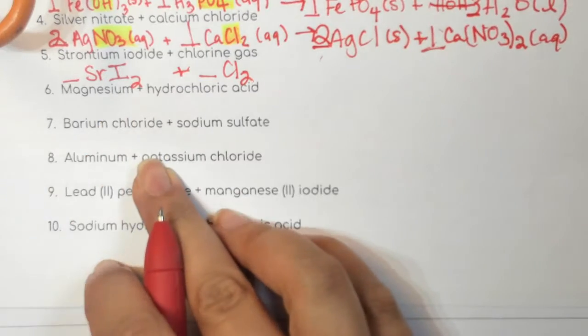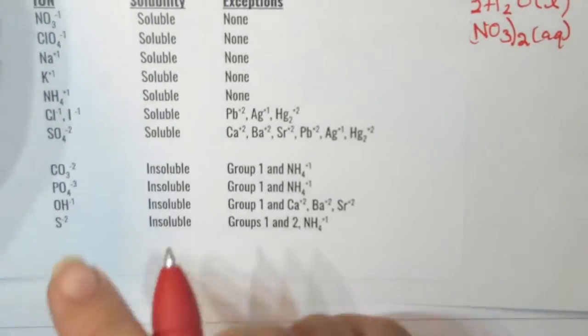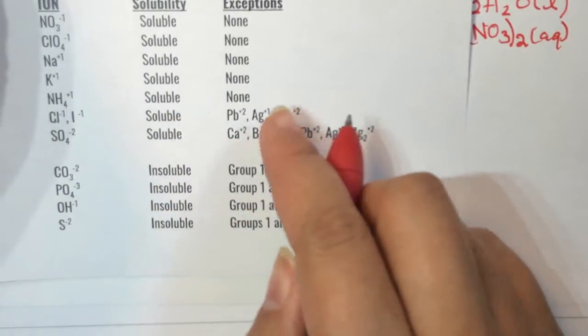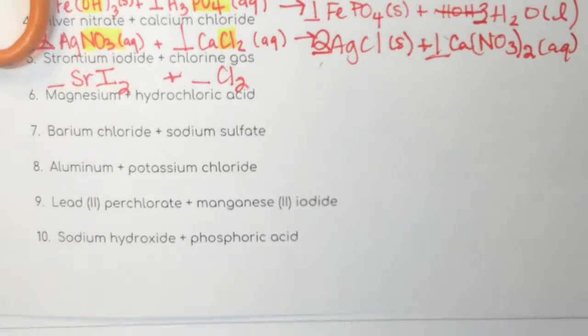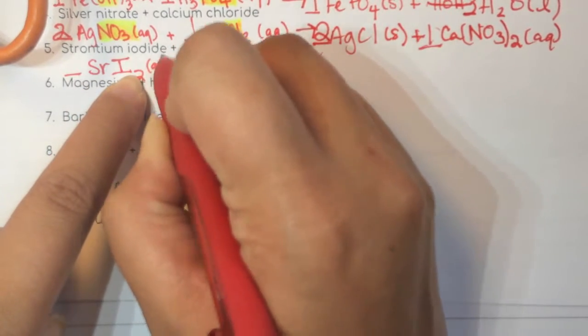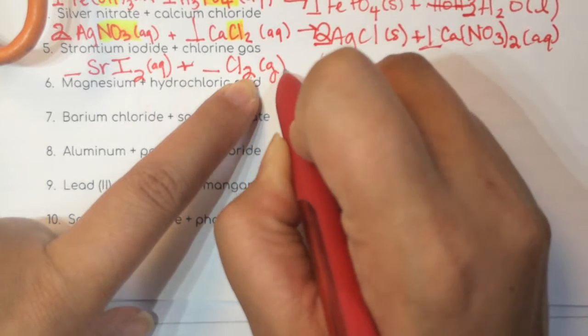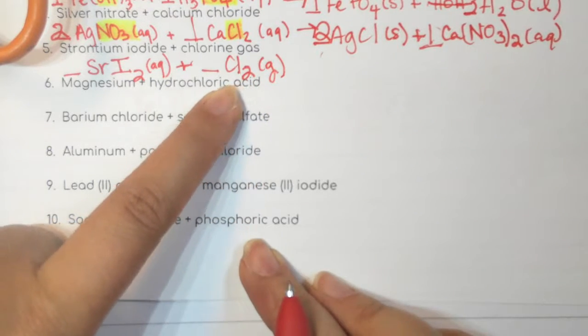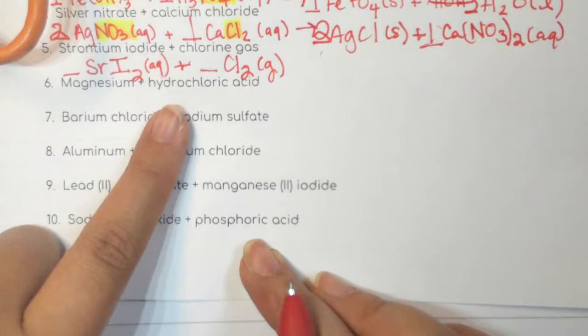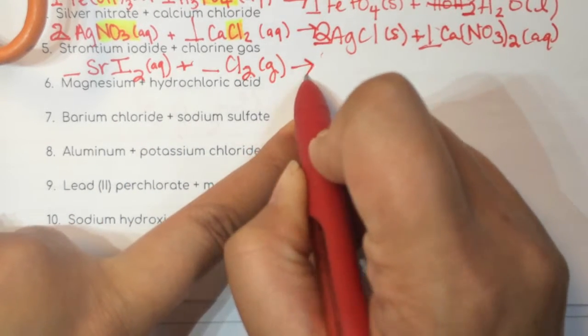If we looked at strontium iodide, when iodine is present, okay, it is going to be soluble unless these 3 elements are present. So we will consider this compound aqueous. And then chlorine, all the diatomic molecules, we consider a gas. So we'll put a G next to it. Right? What type of reaction is this?